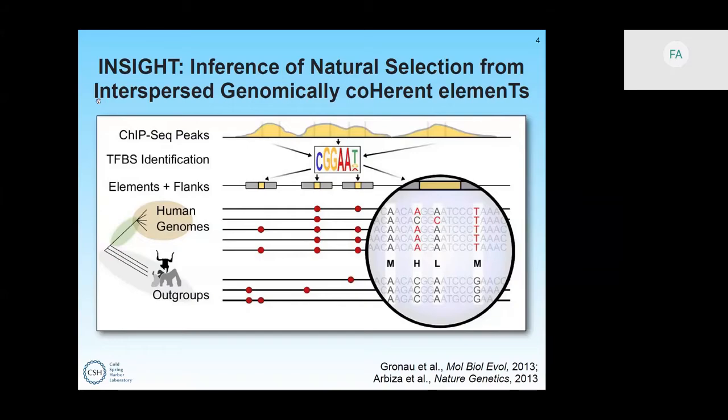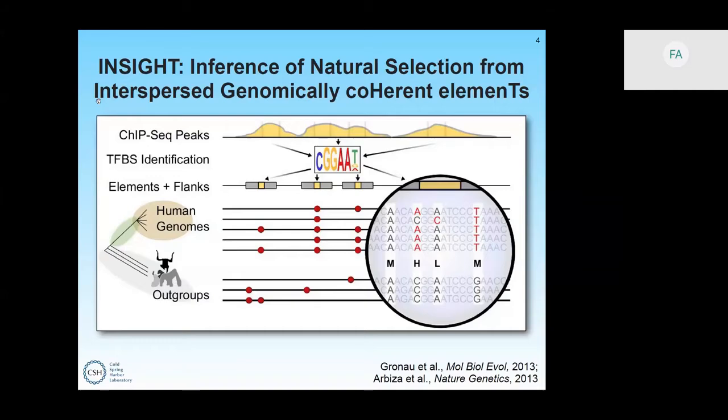And by picking up on systematic differences between the elements and these flanking neutral regions, we can develop a robust, unbiased statistical estimator for the fraction of nucleotides that are under selection, allowing for several confounding factors, such as variation across the genome in mutation rate and coalescence time.